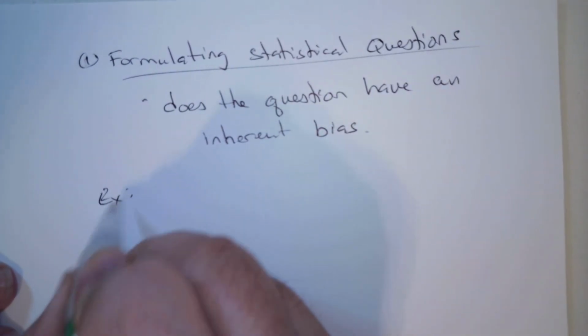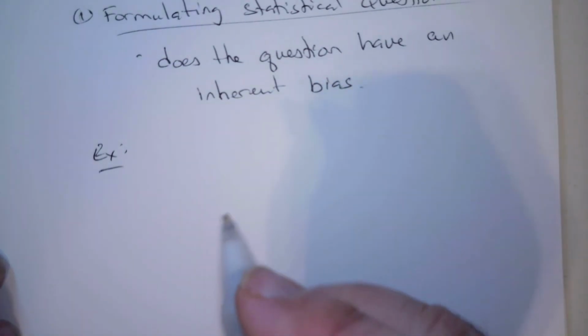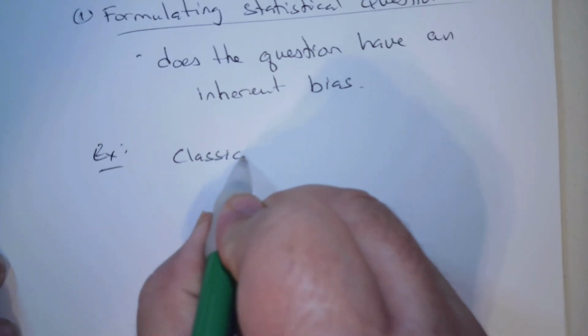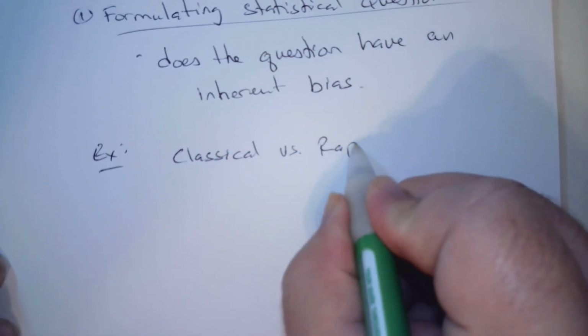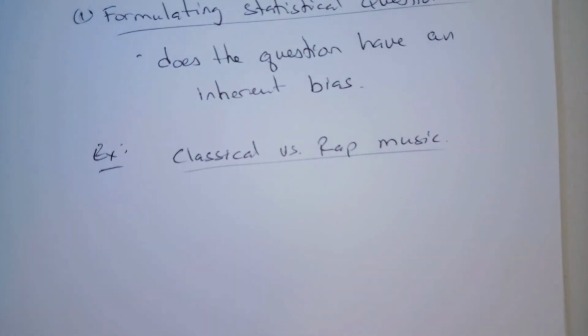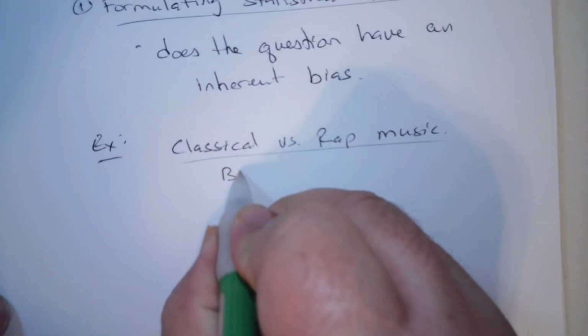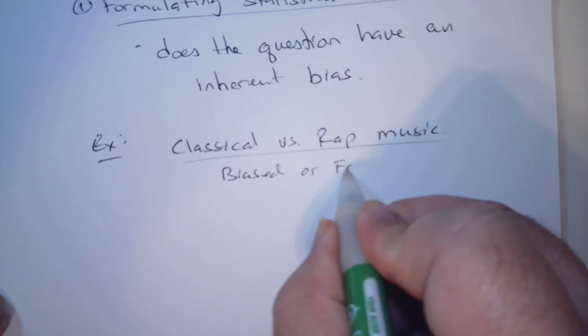Here are some examples. You're comparing classical versus rap music. You can tell me if it's biased or fair.